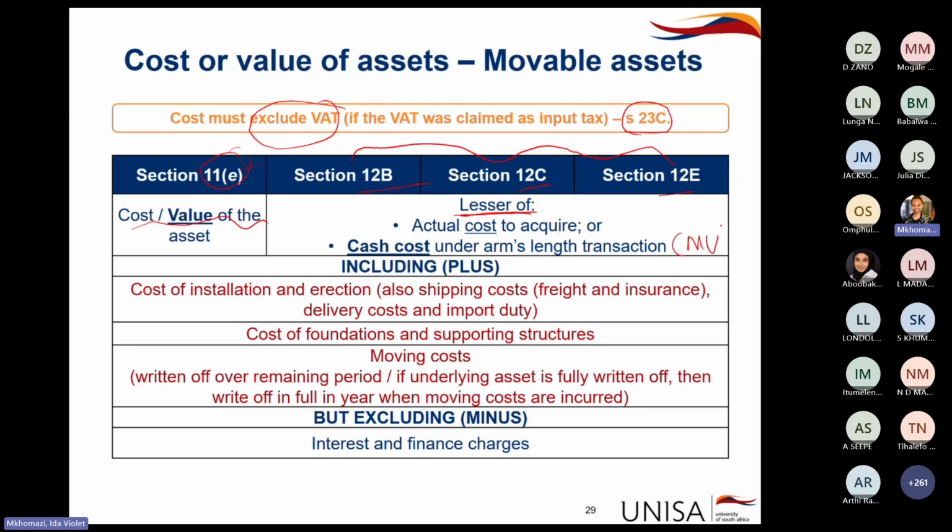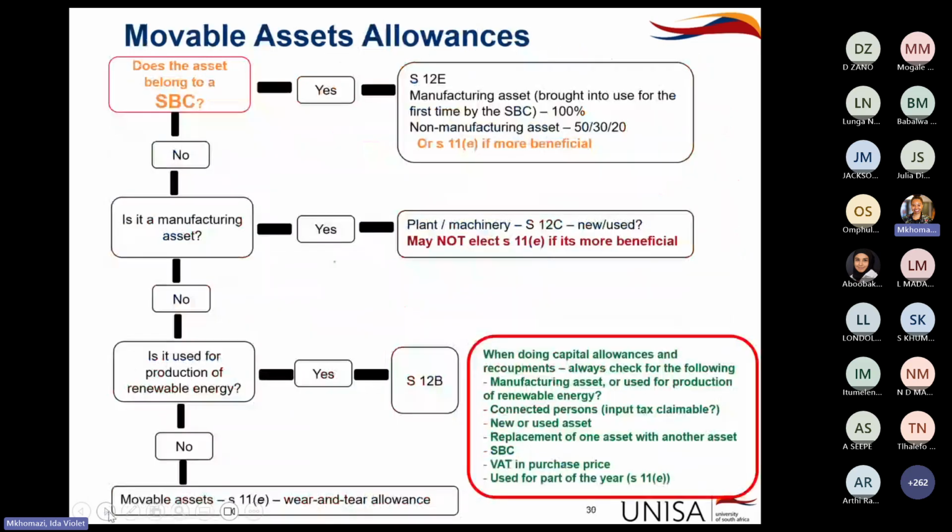This simply means that you need to use the lesser of cost or market value. You include any cost of installation, shipping costs, delivery, import duty, and moving costs, but you exclude interest and finance charges.